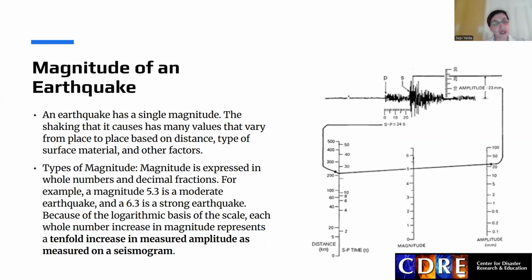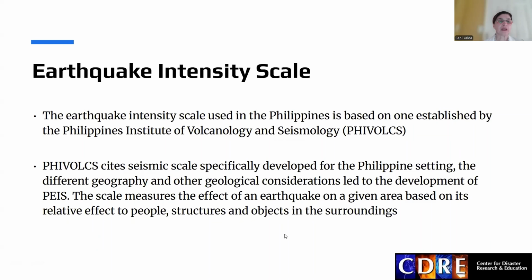But we do have a range, so it's usually in whole numbers and also decimal fractions. So you can see, for example, a magnitude of 5.8 or 5.3 is a moderate earthquake, and a 6.3 is a strong earthquake. And then, of course, we're talking about those very strong earthquakes of magnitude 8 or higher. This graphic shows the connections between distance, type, and other factors that go into measurement of the magnitude.